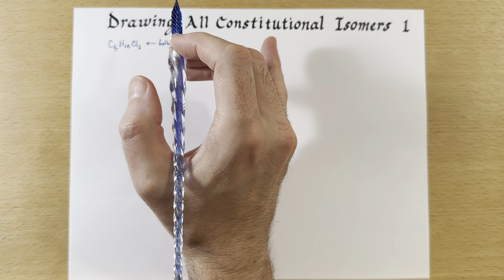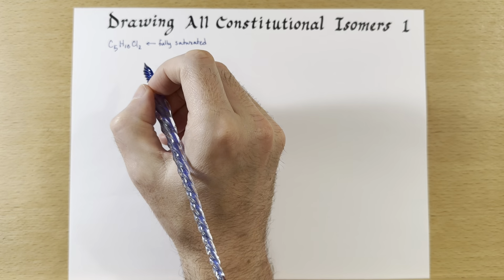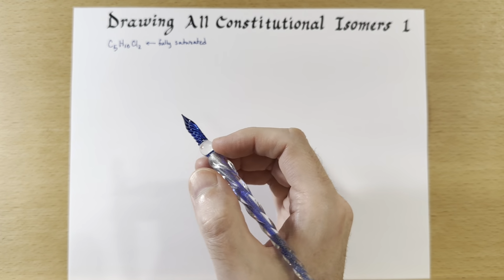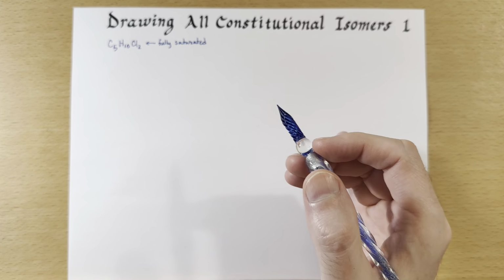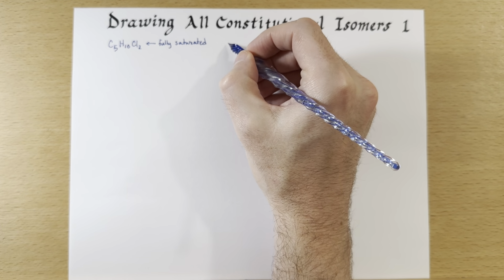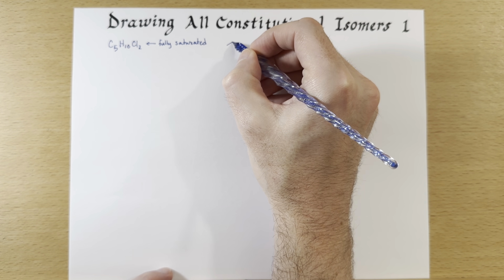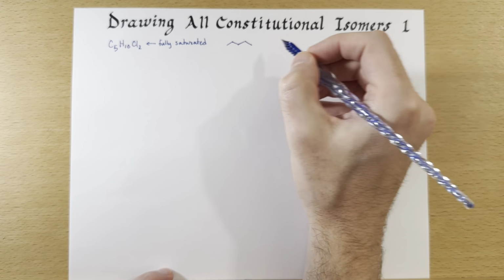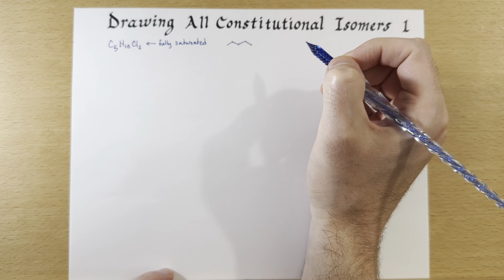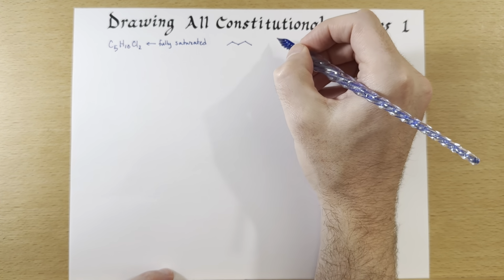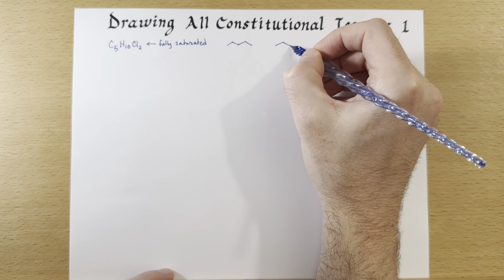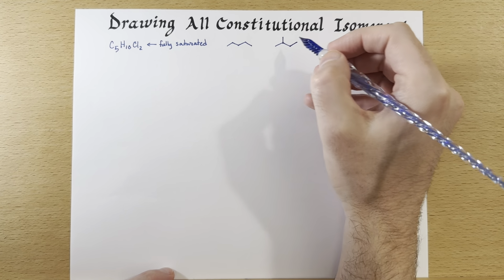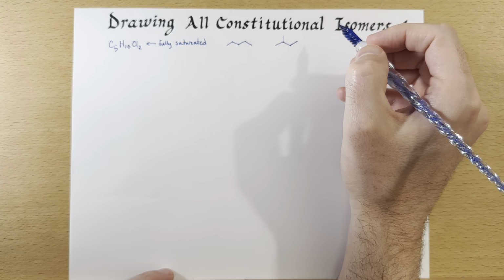So let's start off by drawing out the possible ways that we could draw the carbon skeleton. So one way that we could draw it is just a straight chain. Another way that we could draw it is with a single methyl group.